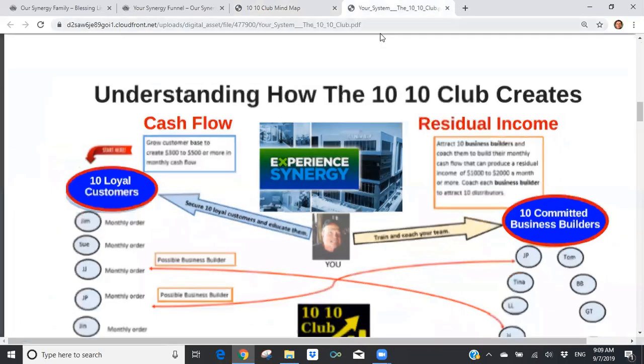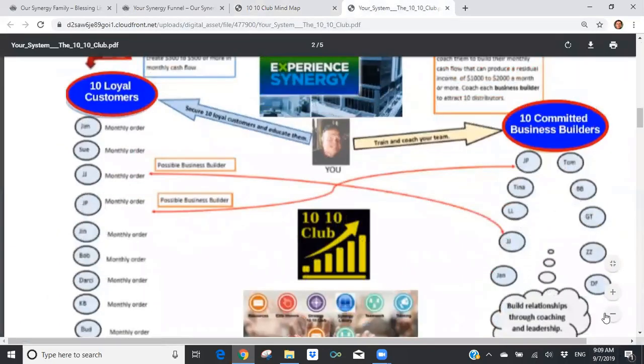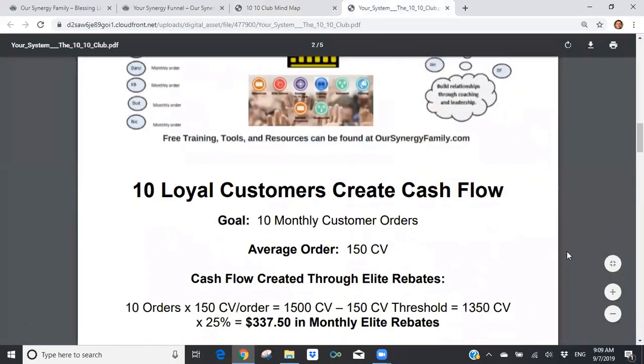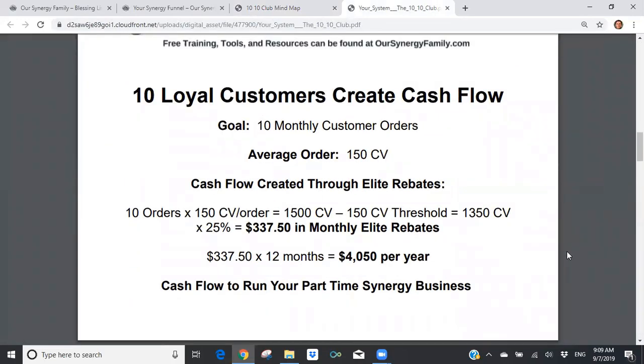Now, going back to this PDF that everyone has available to you through our Synergy Family website, here's the goal. 10 loyal customers create cash flow. Now, what we're looking for are 10 monthly customer orders. And again, I'm working on a hypothetical here from the standpoint that those monthly orders could range in CV volume.